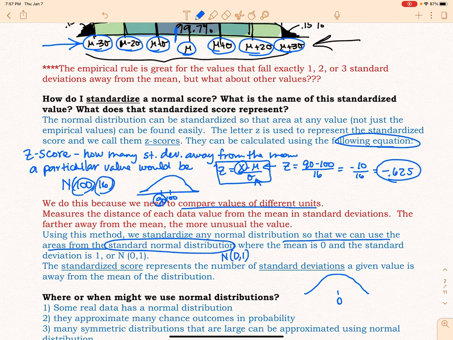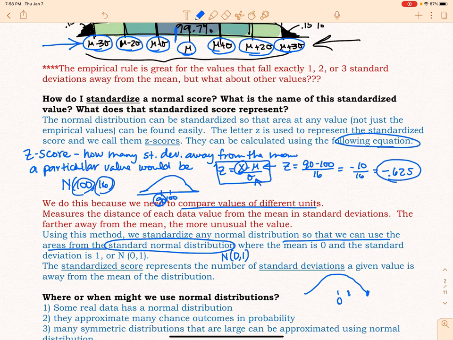The farther away from the mean the z-score is, the more unusual it would be. If I had a z-score way up here, way above the mean, that would be more unusual than if it's closer to 0. All right, so that's the best way to explain what that standard model would look like.